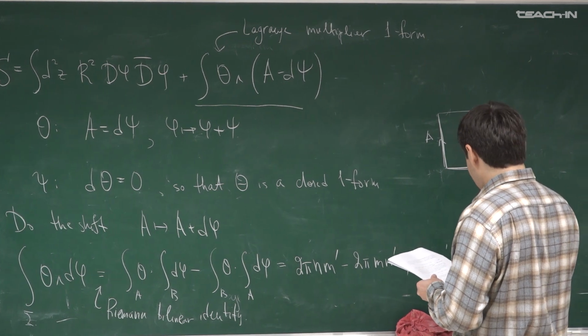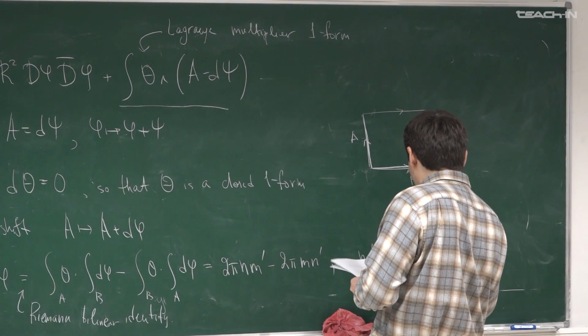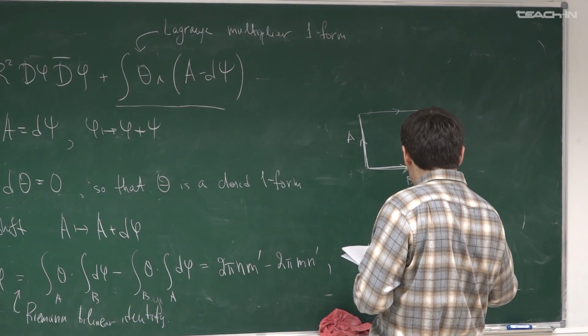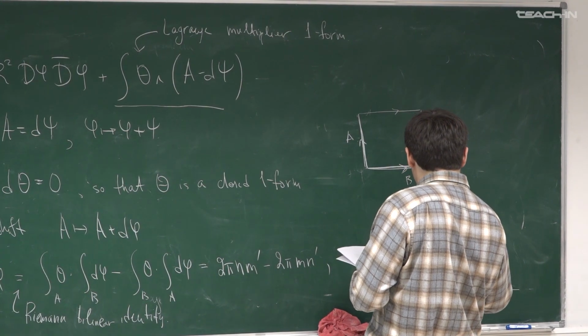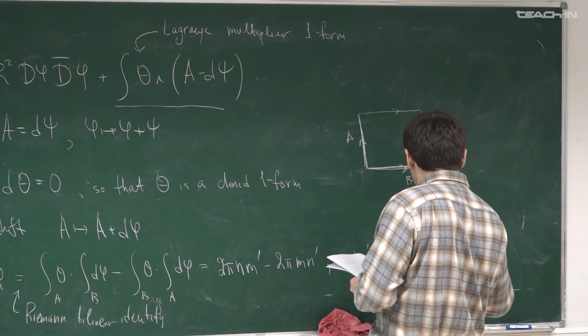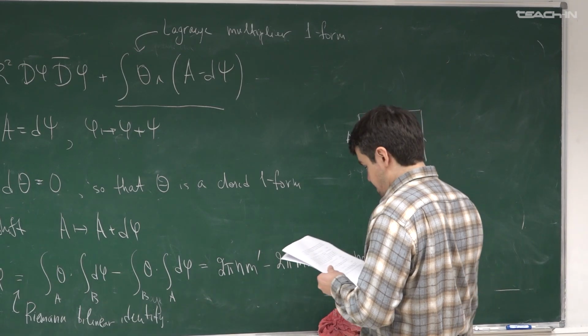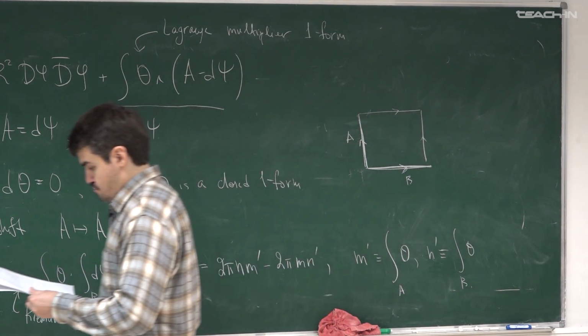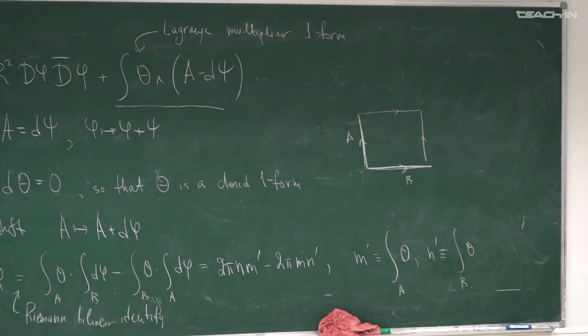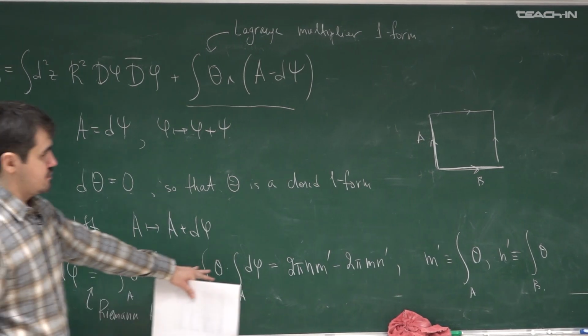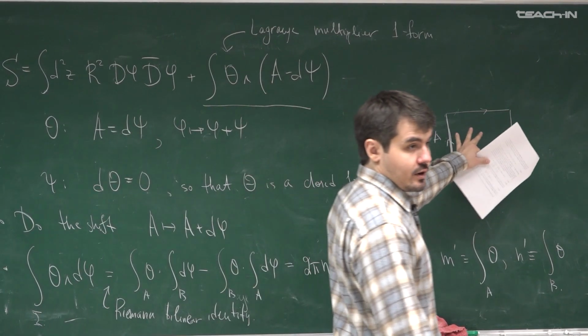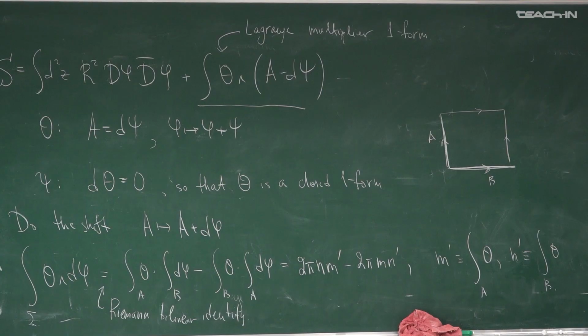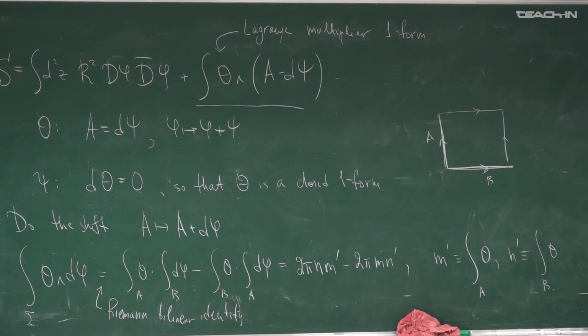So m prime is... yeah, this formula, by the way, can be easily proven by Stokes' theorem if you work in this square. So a square is simply connected, yes.